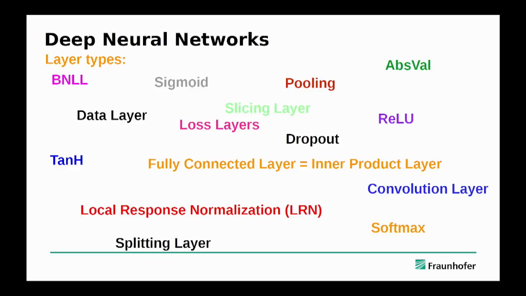Actually, a deep neural network nowadays mostly consists of other things than neurons. There are literally hundreds of different types of layers, the computational units, that actually compute different things, from convolutional filters to normalization to data simplification to regularization, and so on and so on.